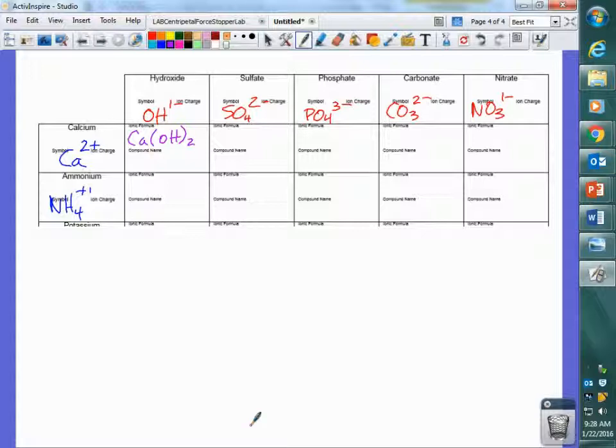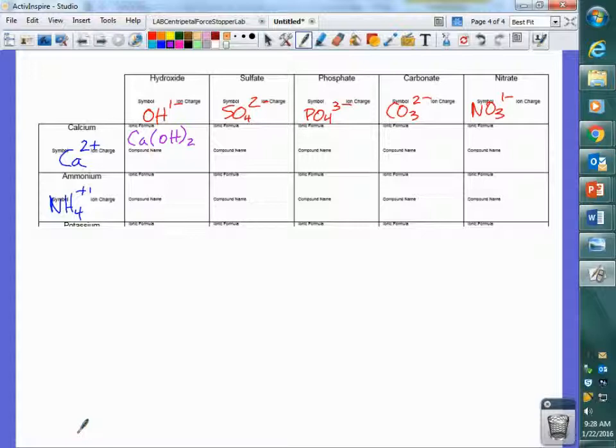All right. So next, calcium +2, sulfate -2, meaning sulfate, that group of 1 sulfur and 4 oxygens that are covalently bonded, had to pick up how many electrons? 2. How many electrons did calcium have to give away? 2. So what's the ratio between those two going to be? 1 to 1.